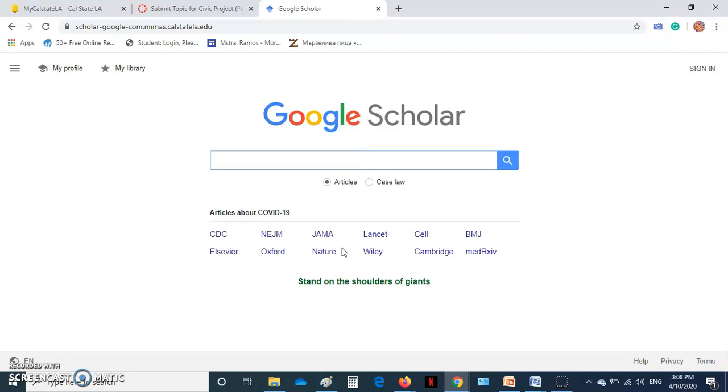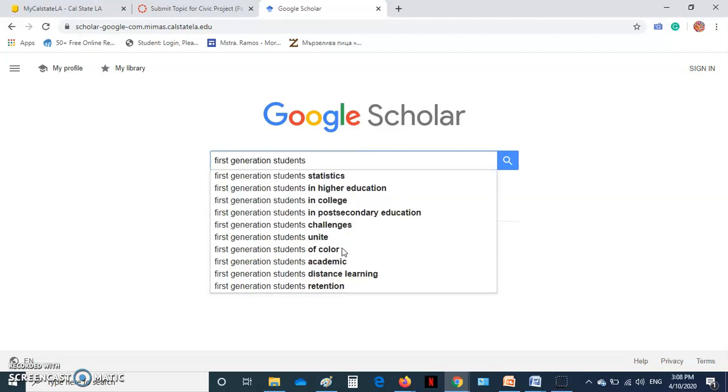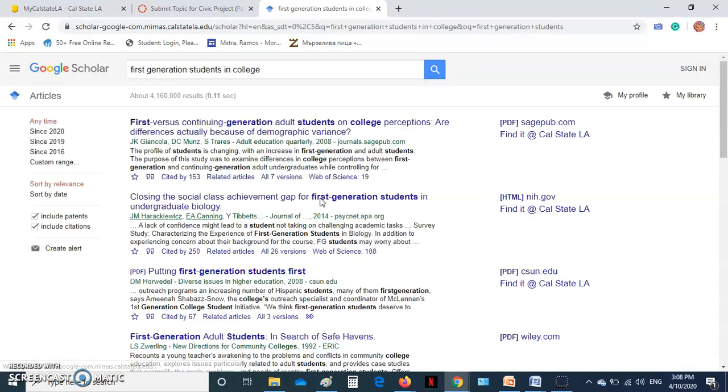You are going to type what you're looking for. And you can figure out which one of these you want to use, or just look at it more generally. That's up to you.